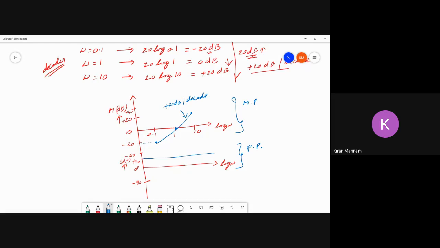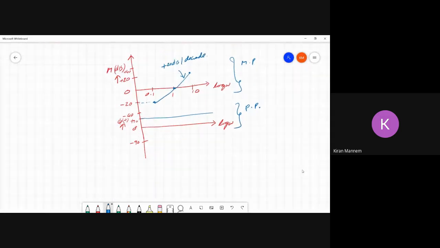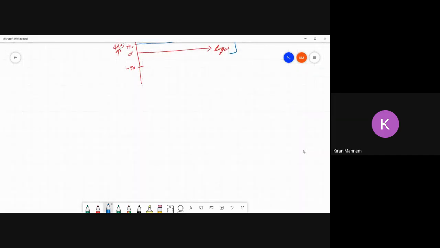So let us move on to the next basic factor, multiple zeros at the origin. The fifth one: multiple zeros at the origin, which is (j omega) to the power of n.